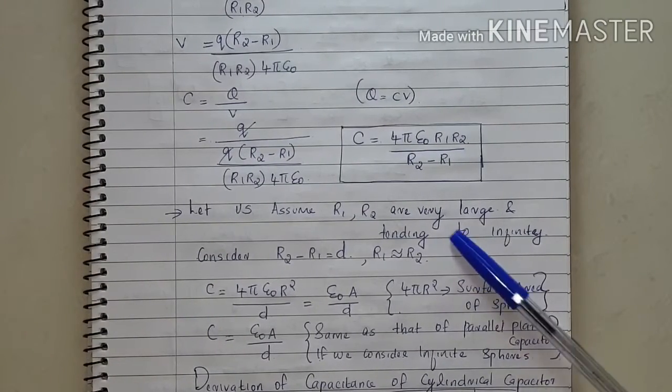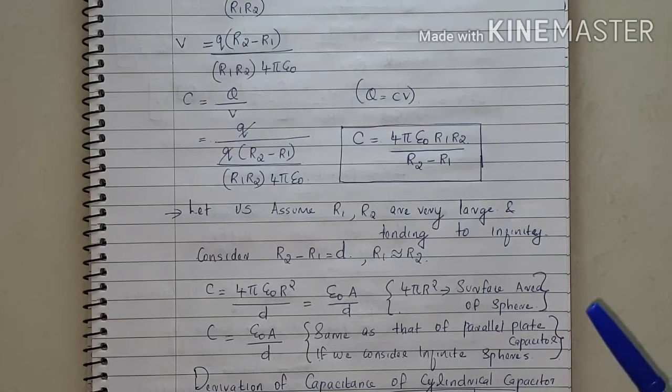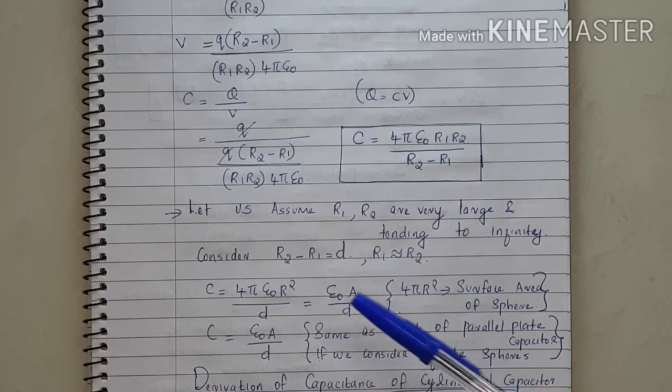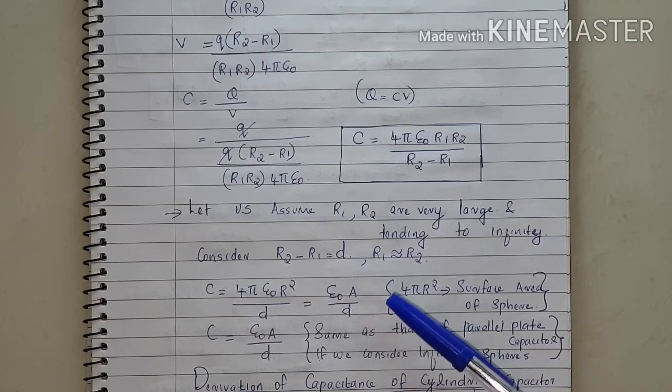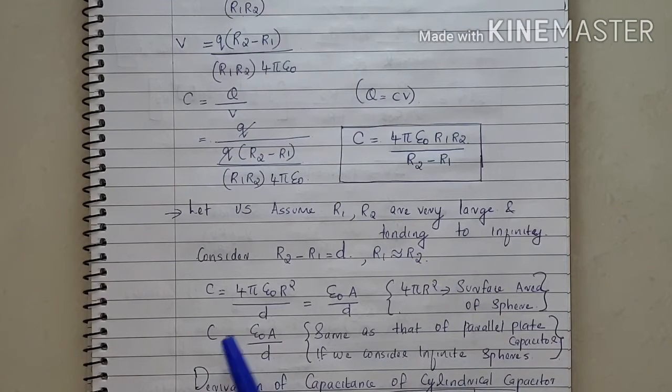Let us assume R1 and R2 are very large, that is tending to infinity, and consider R2 minus R1 equal to D and R1 approximately equal to R2. That is, C becomes 4 pi epsilon 0 R square by R2 minus R1, which is D, since R1 and R2 are approximately equal. 4 pi R square is the surface area of the sphere.